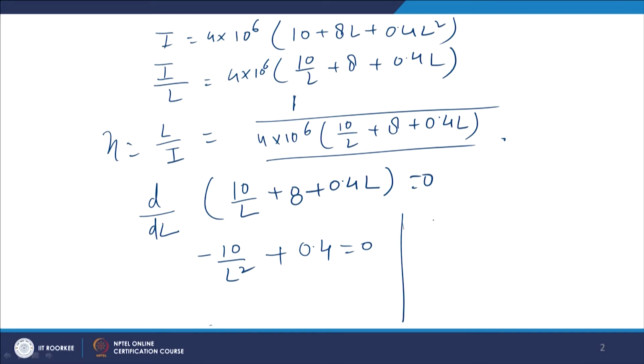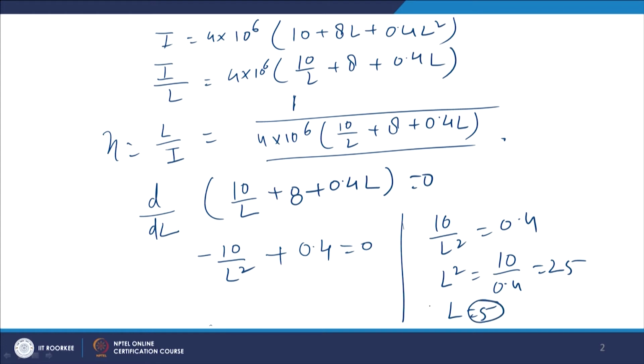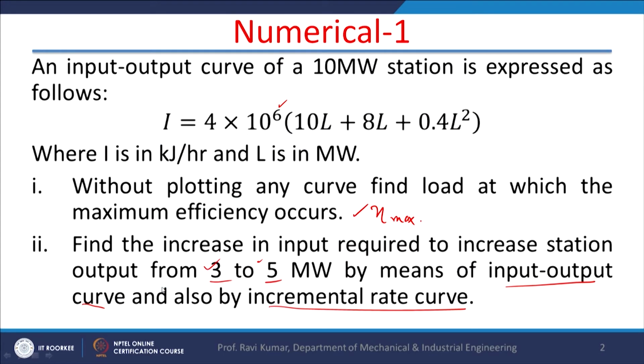Or we can say 10 by L square is equal to 0.4, L square is equal to 10 by 0.4, which is equal to 25, so L is equal to 5. So, when L is equal to 5, the efficiency is maximum. That is the first part of the numerical.